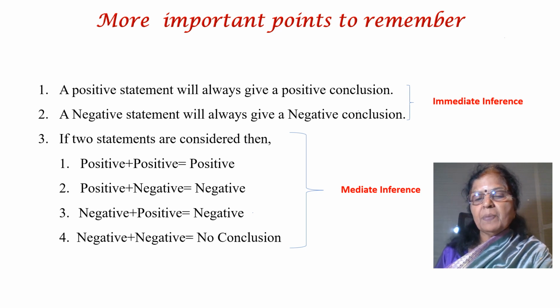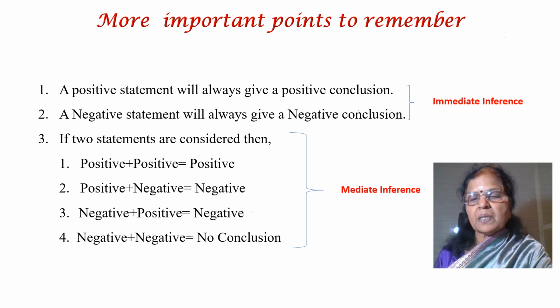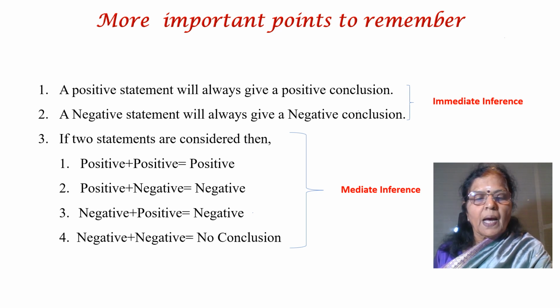So this is immediate inference. What is inference? Coming to a conclusion is inference. All the other given cases are mediate inference. Mediate inference means you are going to use two statements.